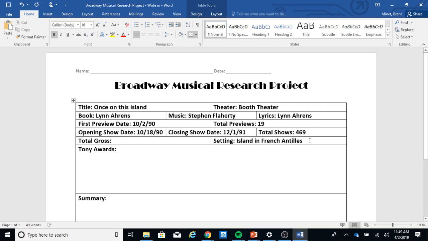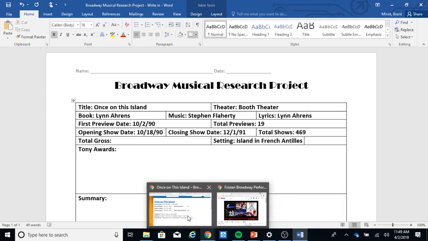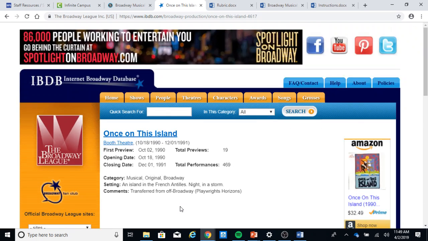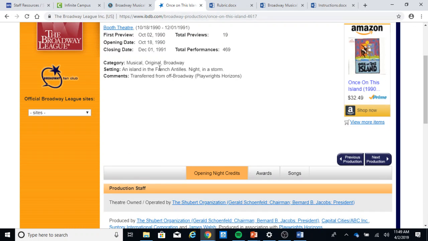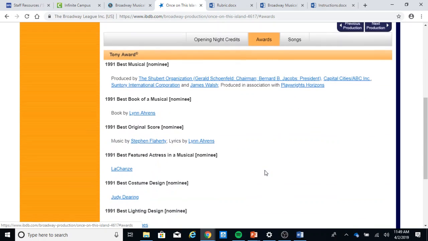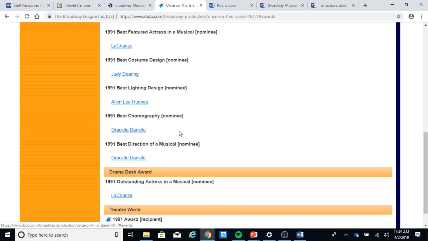Now, there's one more thing you can get from IBDB. It's the awards. So look, if I go out here, you're going to notice right underneath all this basic information, there's opening night credits. That's this. Awards and songs. What do you think you want to get, the awards? All right. And look, they're listed below there. Look, Tony Awards. That's all I want. Okay?